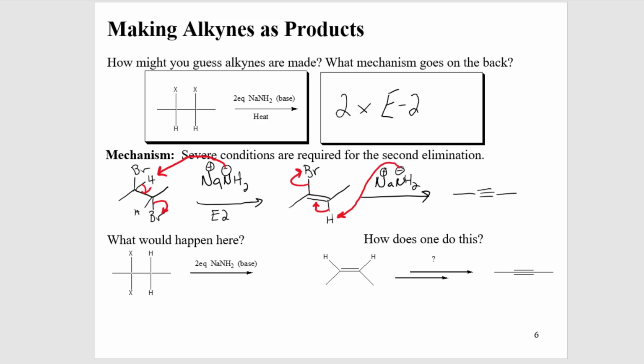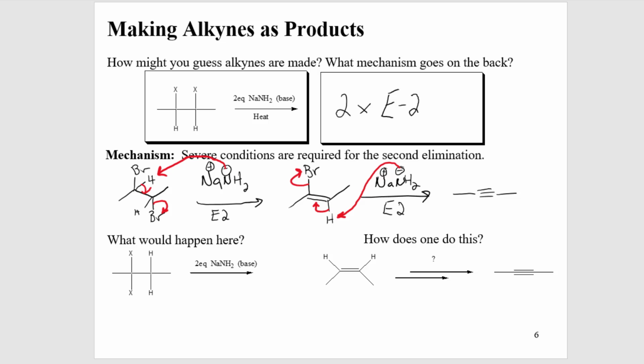Now it's this second base elimination that requires the use of NaNH2. It's why it's better to use this base, particularly because it's very difficult to remove the vinyl proton under these conditions. It's actually a little easier to do the first one, and the reason being is that the electron withdrawing group assists with that.